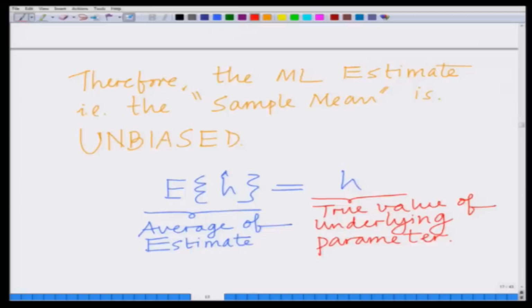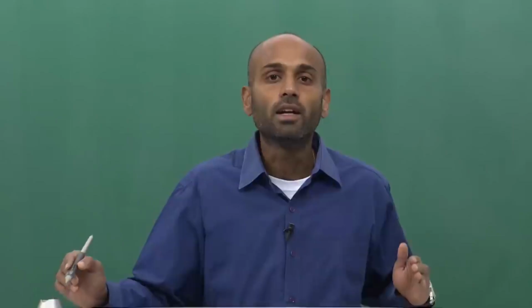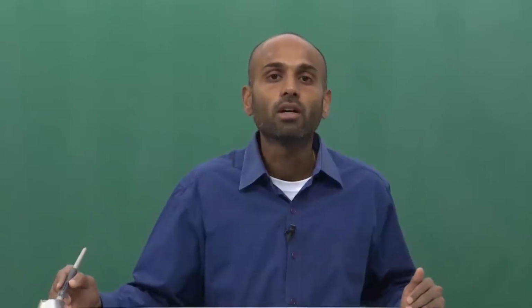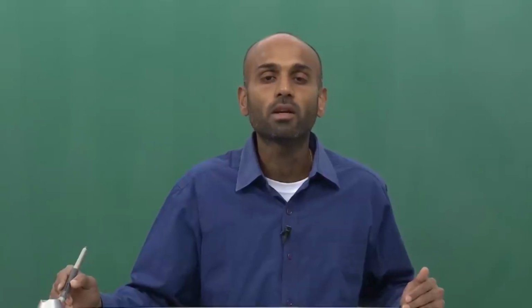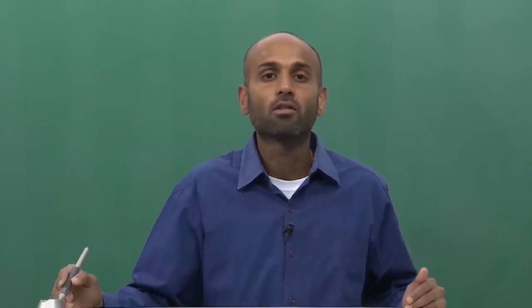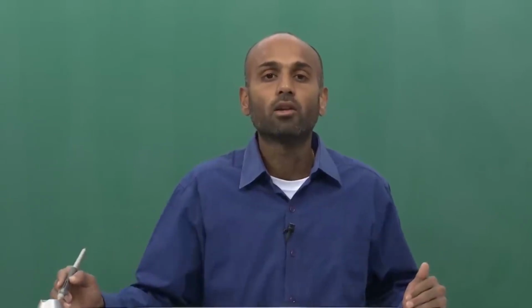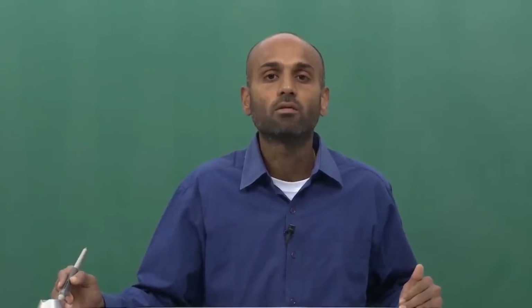Therefore, this maximum likelihood estimate is unbiased in nature, which is a very important and in fact very desirable property of the estimate, which says that the mean of the estimate is equal to the true value of the underlying parameter.